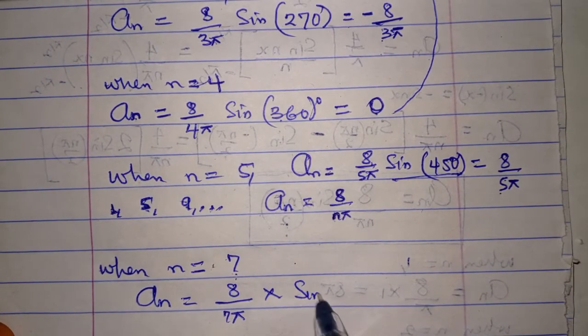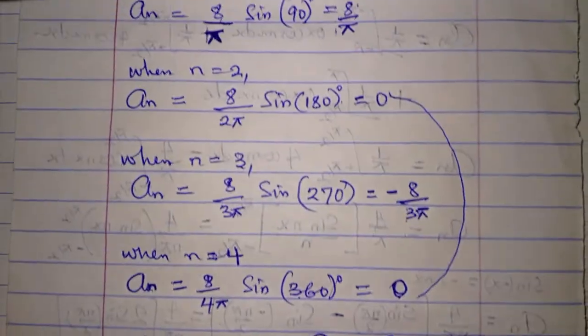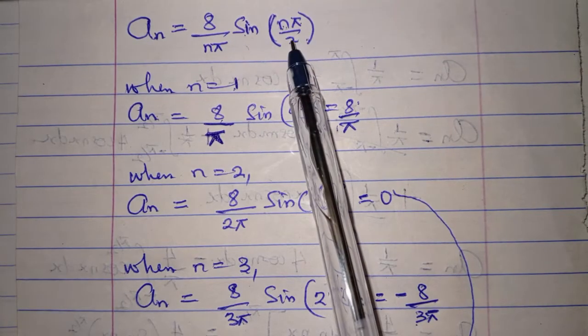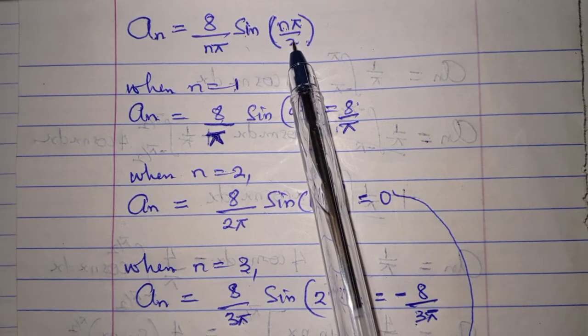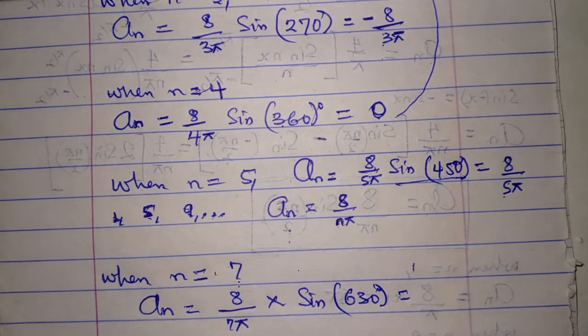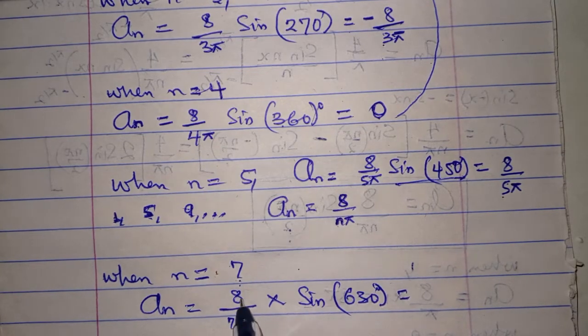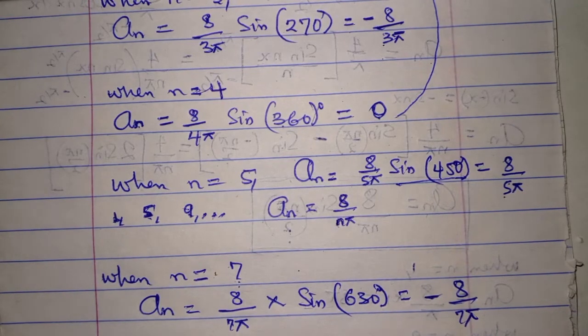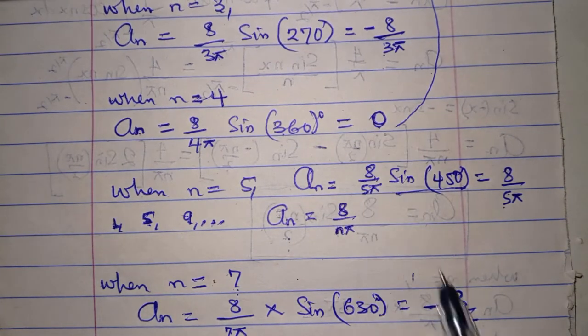times sine. Let's put 7 for n. We'll have 7 times 180 divided by 2, and that is 630. Sine 630 degrees is minus 1. So minus 1 times 8 over 7 pi is minus 8 over 7 pi. So you can see that when n is equal to 7 and when n is equal to 3, the behavior is the same.